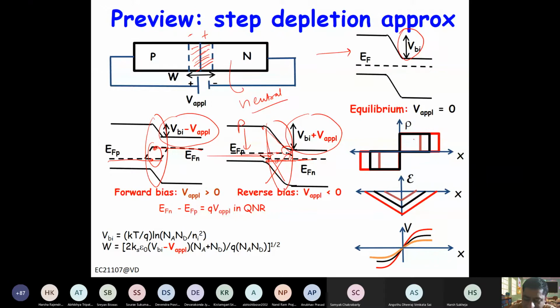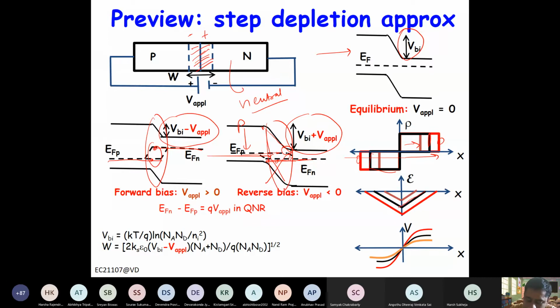Now, if you look at the depletion width, you can see the charge versus x. This black line is for equilibrium. This red line is for reverse bias. The depletion width is extended, and the inner line represents the forward bias. Similarly, what about the electric field?